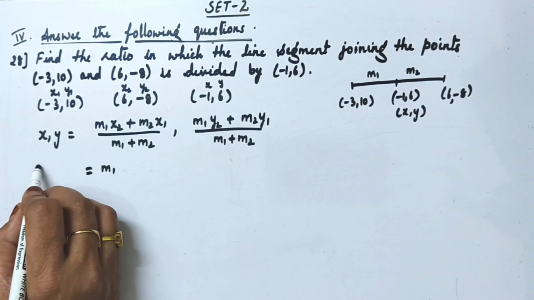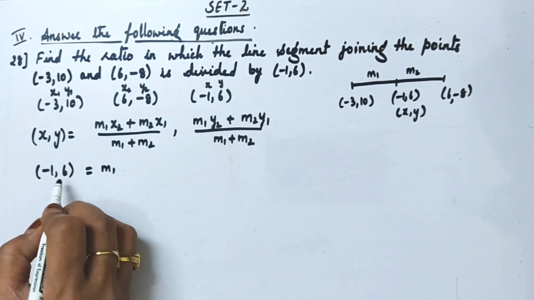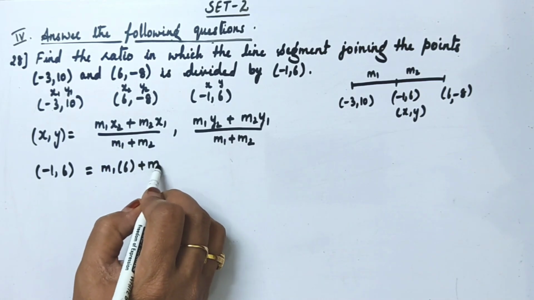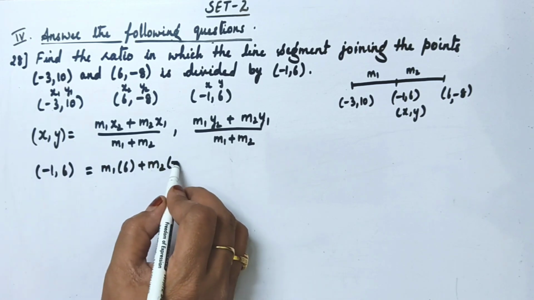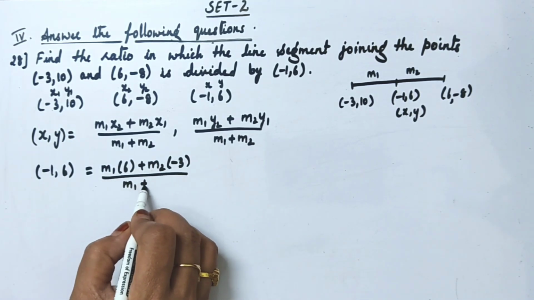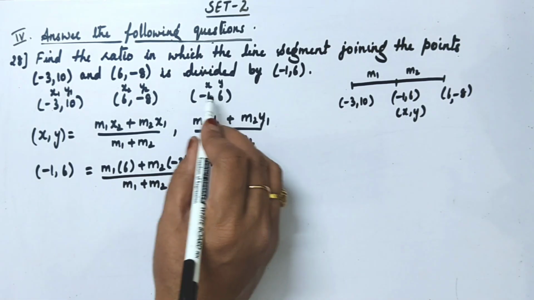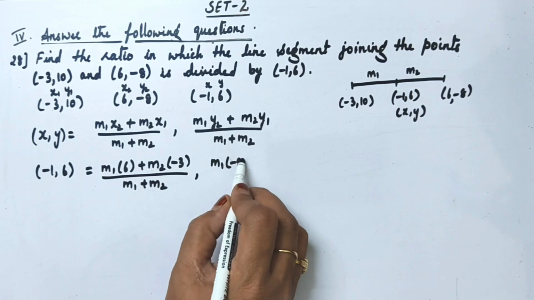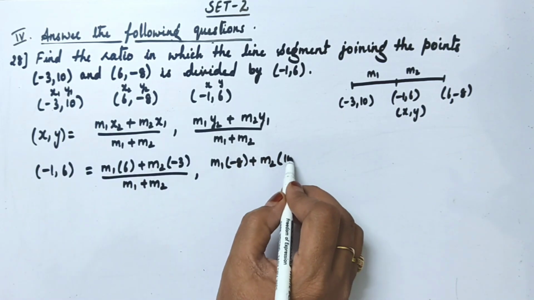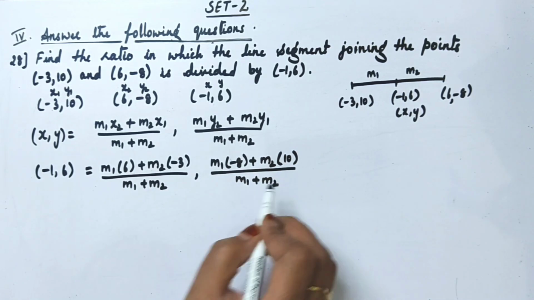So m1, what is x y? x y is minus 1 comma 6, x2 is 6, plus m2 into x1 value minus 3, upon m1 plus m2, comma m1 y2 value is given as minus 8, plus m2 into y1 value 10, upon m1 plus m2.